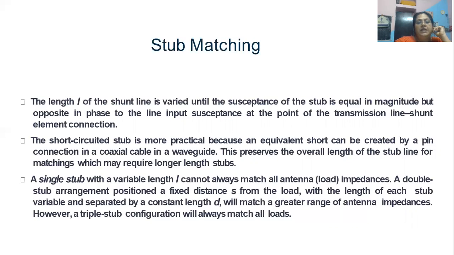So sometimes a single stub does not work. So we have to make multiple connections of the stub at different points on the transmission line so as to match the impedances between the transmission line and the antenna. Sometimes one stub is fixed and the second one is variable, whose position can be changed with respect to the first one.